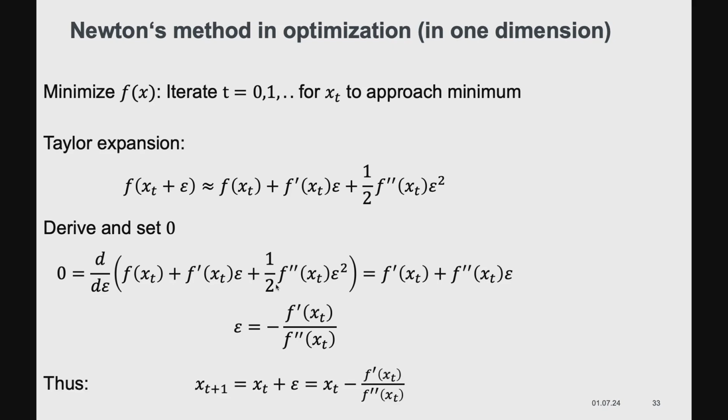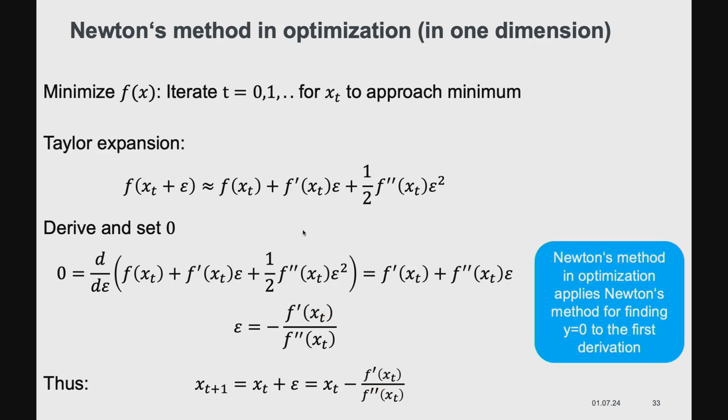And therefore, when we want now to approximate the place where the derivation is 0, we define the next x where we approach the minimum more closely as the previous x plus some epsilon, and this epsilon is defined by this value that we have computed here.